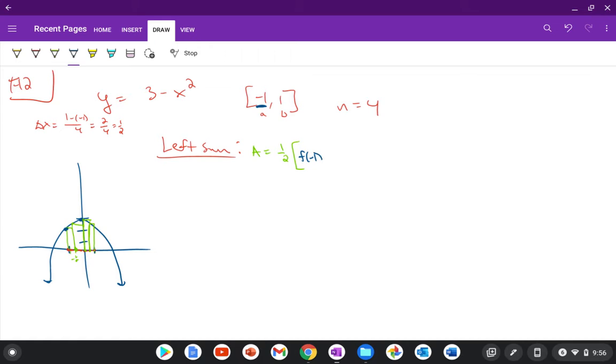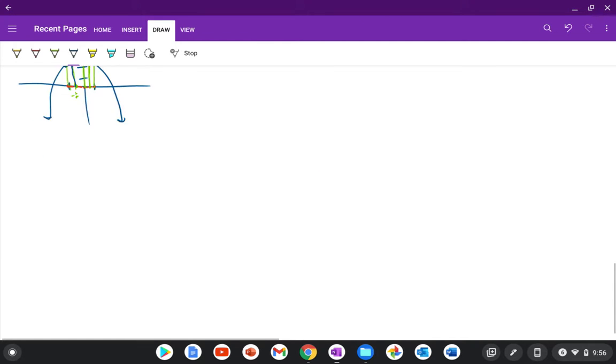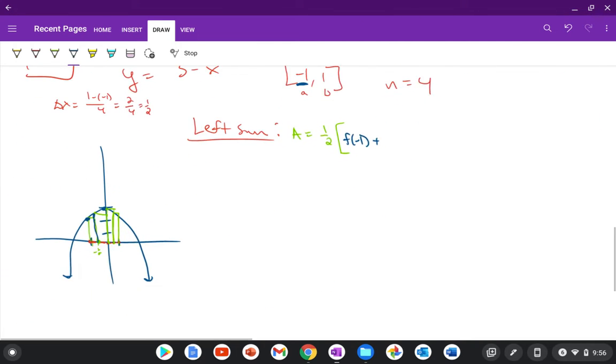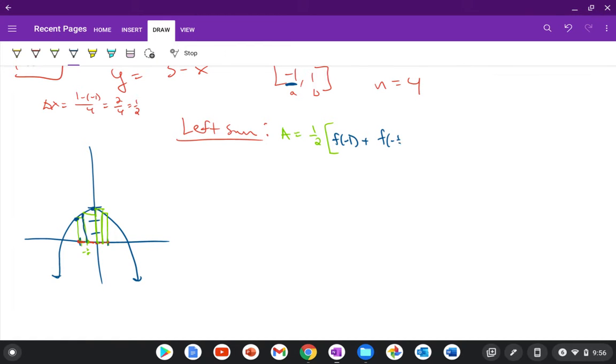So f of -1 plus, and then I'm just going to add delta x to that. So my next height is going to be f of -1/2. And then I'm going to add half to that, and my next height is going to be f of 0. And then I'm going to add a half to that, so my last height is going to be f of 1/2.